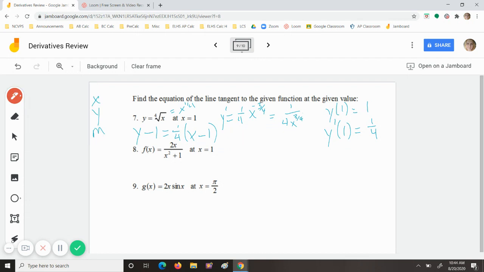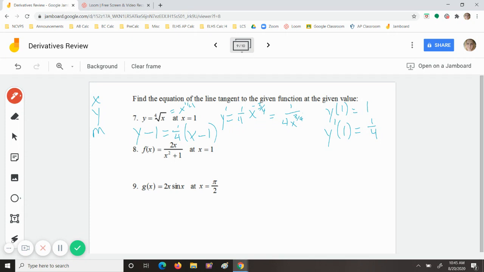Remember, a lot of times we use point slope form because it's easy to plug it in and we don't have to simplify down. If it's a multiple choice question, they may reword it and have it in slope intercept form, or maybe standard form ax plus by equals c. That could happen as well, but this is where we start from.